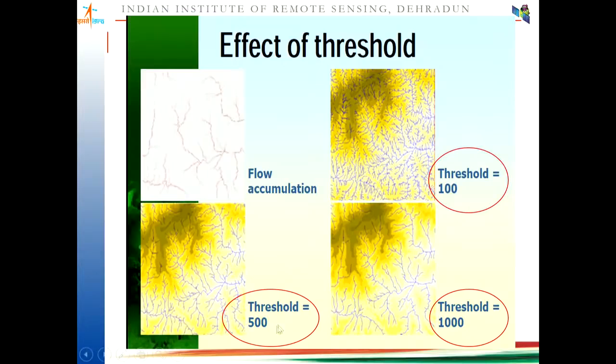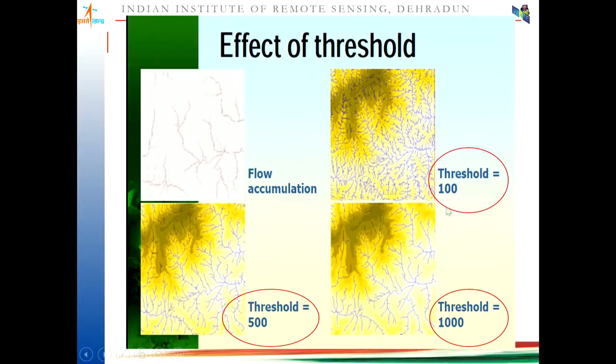If I say 500, it delineates those drainage lines receiving runoff water from 500 pixels. So as the threshold value increases, drains decrease. If you have to delineate the major drains, you have to increase the threshold value.